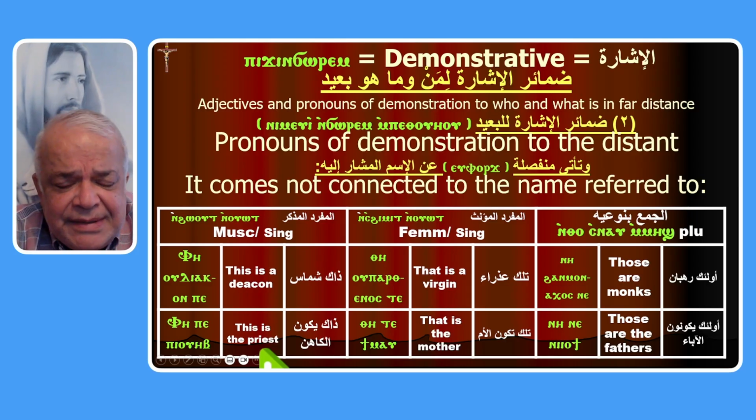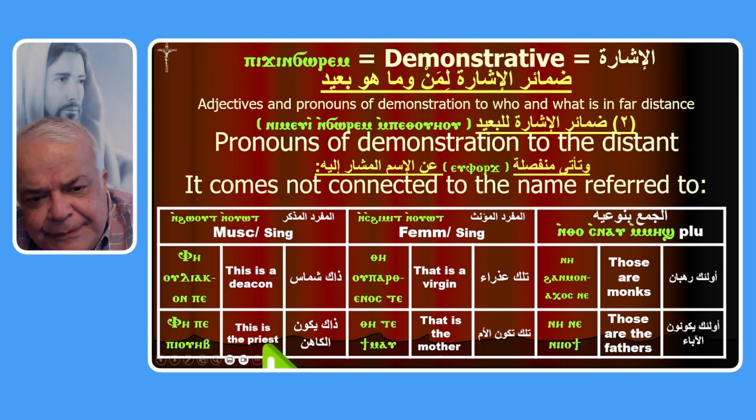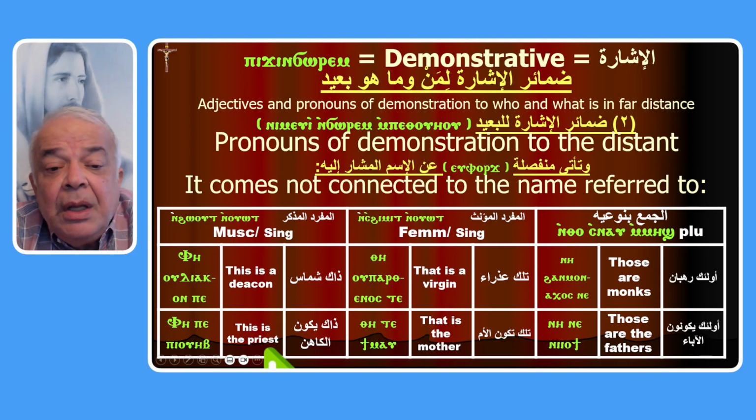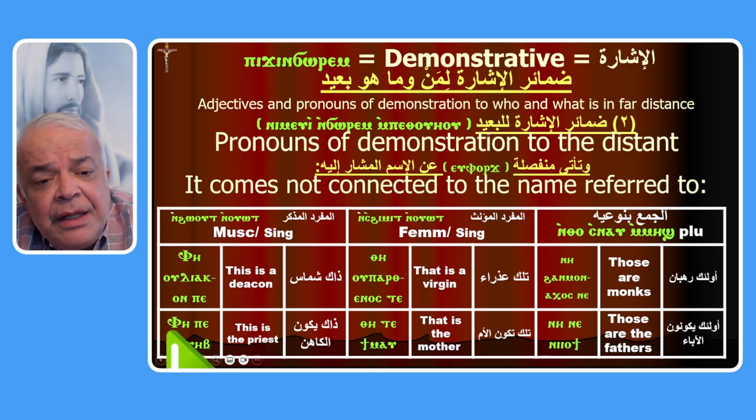He's the only priest in the area, and he's coming from a distance, but I can recognize him. That's the only priest of our church. It's not a different priest or a strange priest. He's known to me. So I put it in the definite form. So I can say here, fi, pe, o weep. This is the priest.